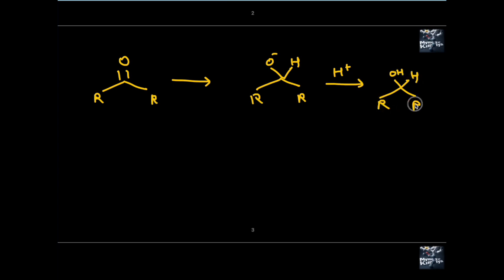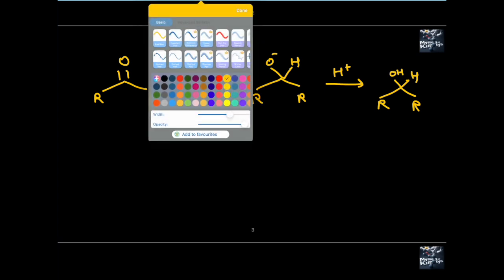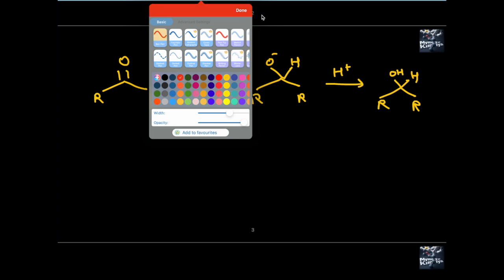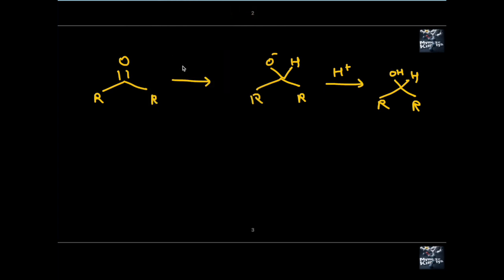We can reduce it, right? So we just want something here which can act as a nucleophile. We just want hydride as a nucleophile. But how can we achieve it?